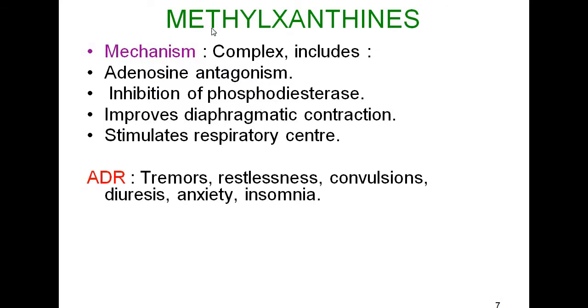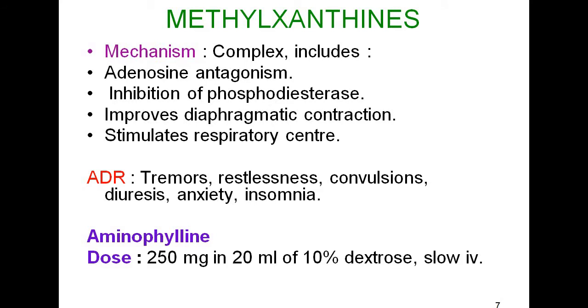The adverse effects associated with the methylxanthines, that is aminophylline, theophylline, etophylline, include tremors, restlessness, convulsions, diuresis, anxiety, and insomnia. And most of these are due to CNS stimulation. The dose of aminophylline is 250 milligrams in 20 ml of 10% dextrose given slow intravenous.